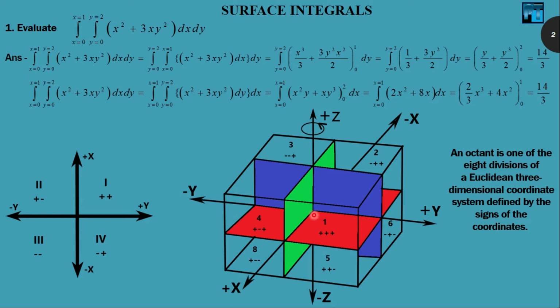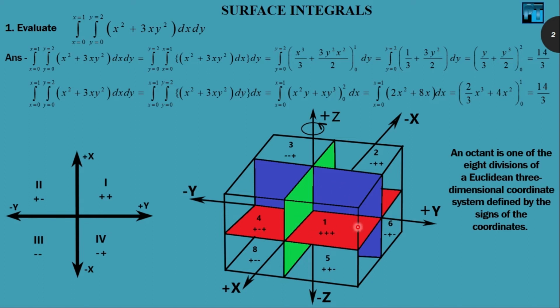See, this small cube is your conventional 3-dimensional space. We are familiar with this plus x, this plus z, and this plus y. This is called first octant.